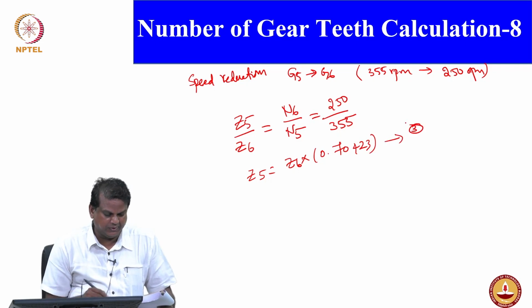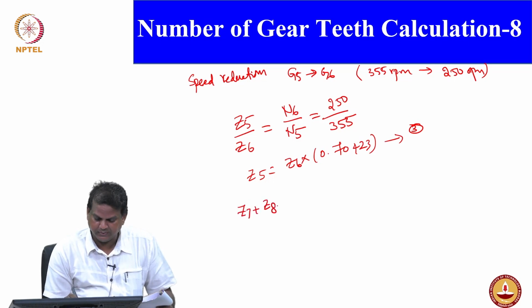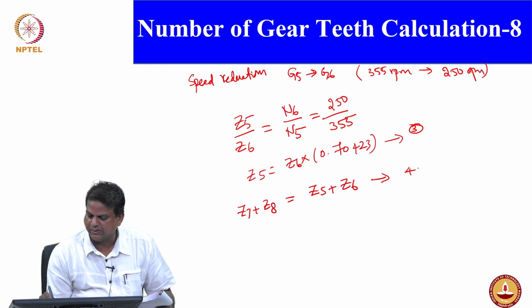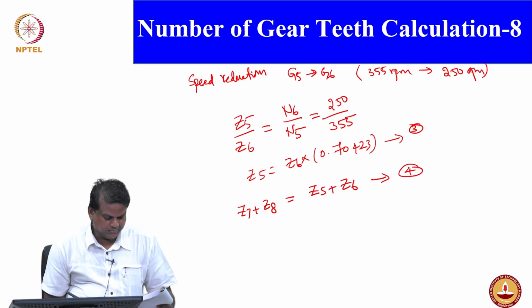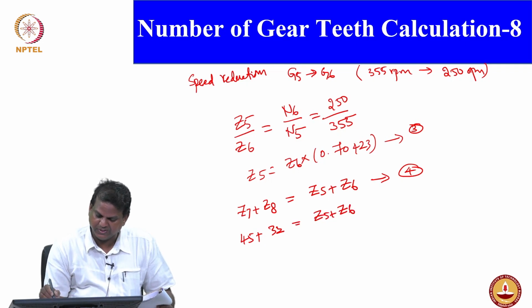And if you refer to your center distance aspect, Z7 plus Z8 must be equal to Z5 plus Z6. You can take it as equation number 4. But we know the numbers also. Your Z7 is 45, right, and Z8 is 32, right. Then this is Z5 plus Z6. But we know the relationship from equation number 3.